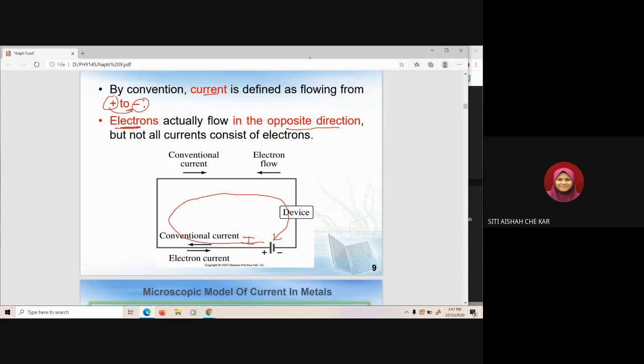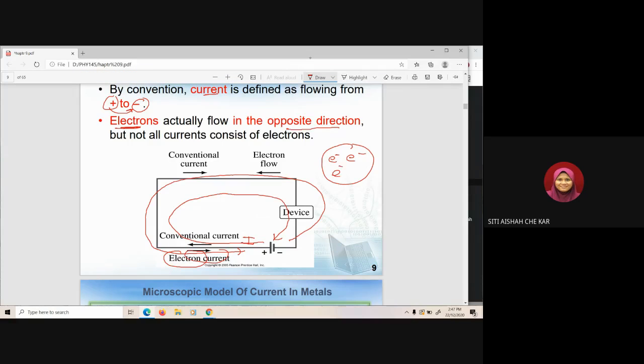But actually electrons in this wire flow from the negative to positive. Sebenarnya charge electron, katakanlah ada atom, ada material, ada charge electron. Actually the movement of this electron, the flow of these electrons, generates the current. Okay, so the electron flows from the negative to positive.